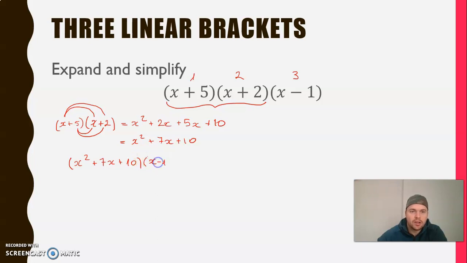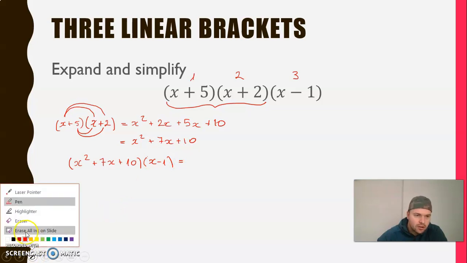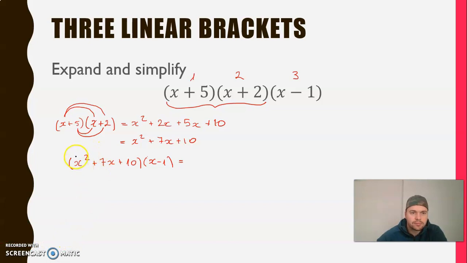So x squared times x is x cubed. Then x squared times, be careful, that's a negative 1, minus x squared.